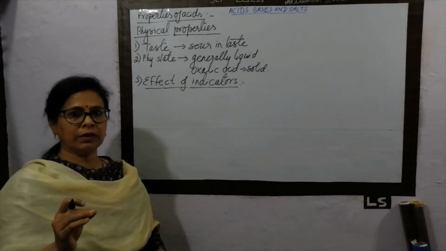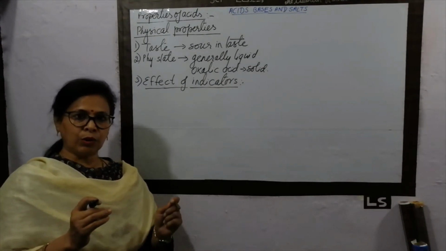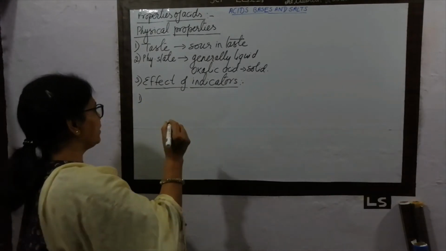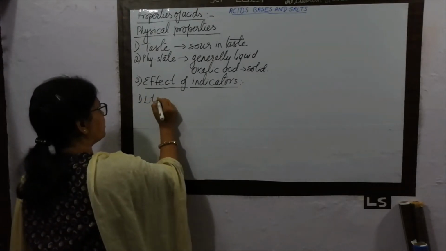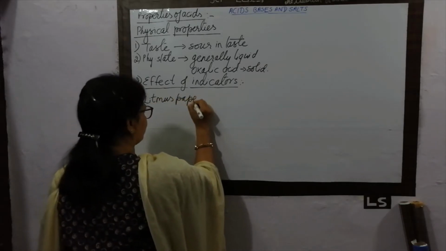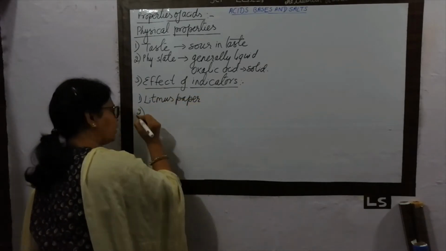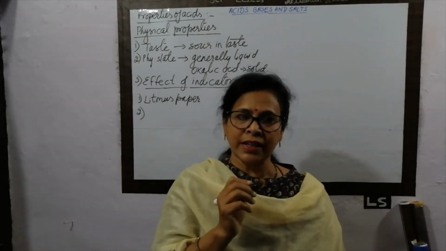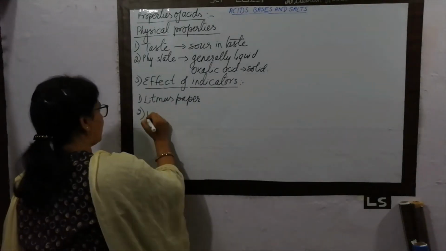There are three common chemicals which are used in the laboratory. The first indicator is litmus paper or litmus solution also. Second type of indicator is methyl orange.